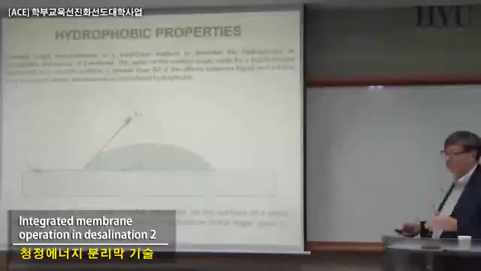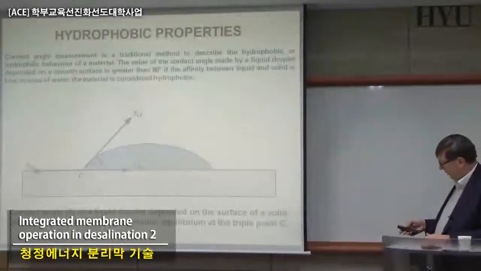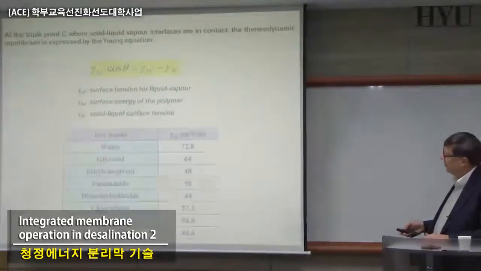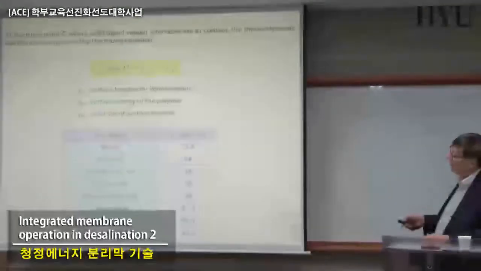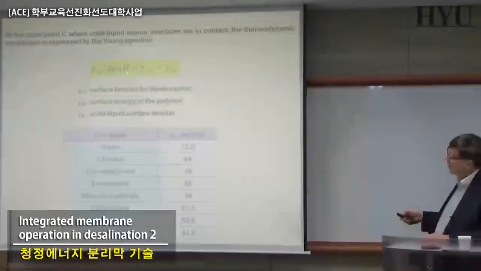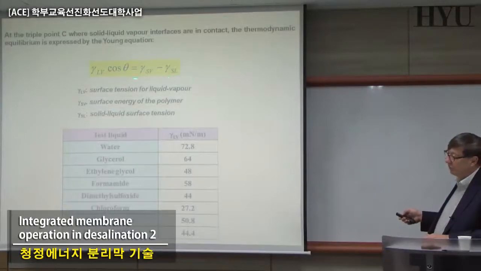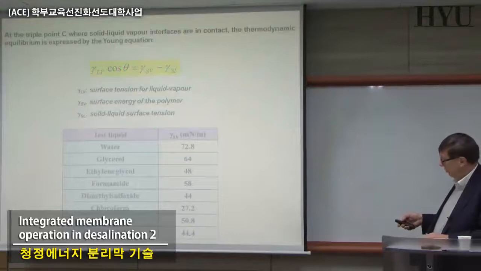Higher than 90, 100, is a hydrophobic material. And an equation exists telling you the relationship between the surface tension of the liquid vapor, the surface tension of the polymer, and the solid-liquid surface tension. This is what is called the Young equation, which is related to these three parameters through theta, which is the contact angle that we were discussing before.